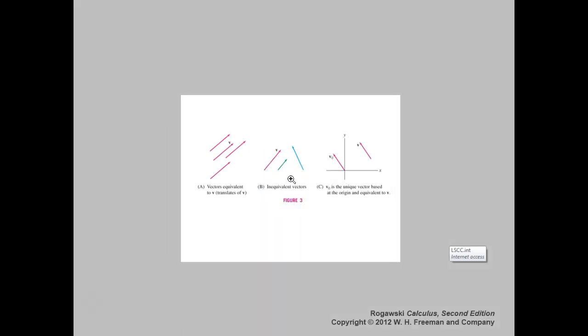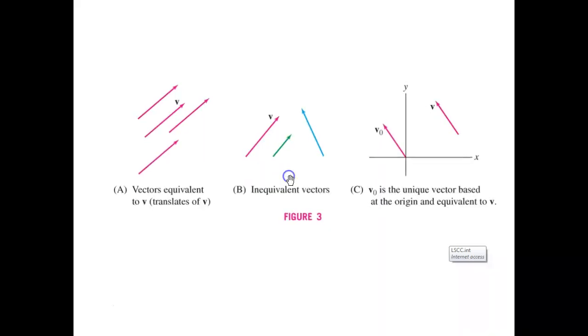All right. We were talking last time about vectors that were parallel to each other and translations of each other. Now we're going to carry it a little bit further, talking about equivalent vectors.